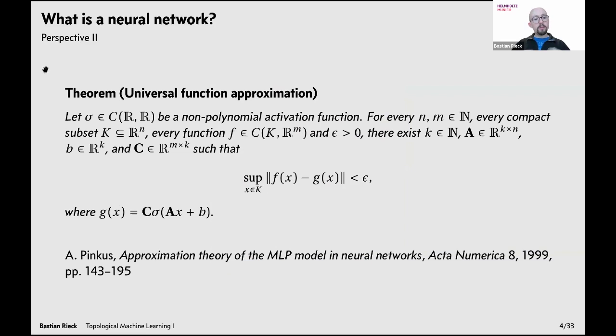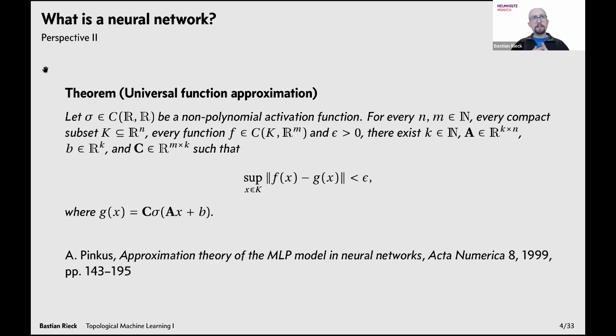The more mathematical perspective that I actually also find very relevant and very helpful when thinking about neural networks is to think about them as universal function approximators. And the specifics of this theorem here, which is one of many universal function approximation theorems, are not super relevant, but the overall shape of all these theorems looks as follows.